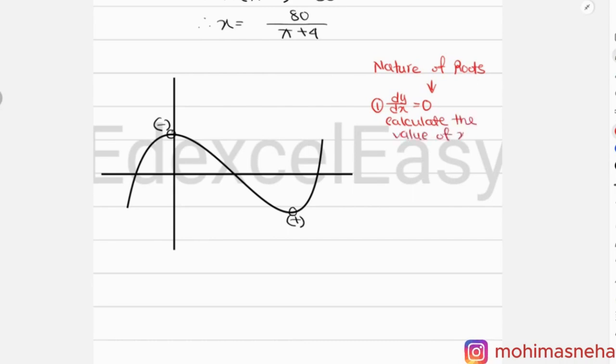Okay, using the differentiation dy by dx equals to 0, you calculate the value of x. And after this, using the value of x, you're going to input this x into the equation for your double differentiation.